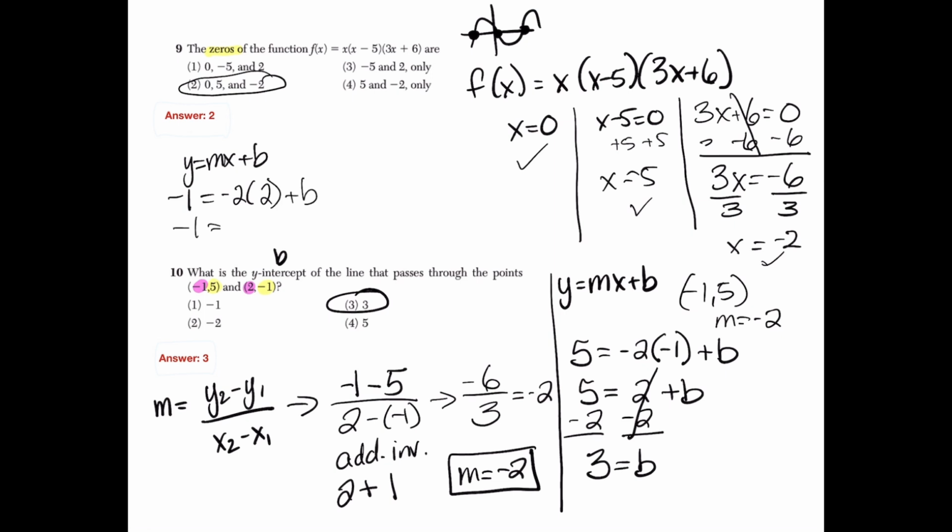So negative 1 is equal to negative 4 plus b. We're going to add 4 to both sides, and we end up getting 3 is equal to b. Same answer. All right, so hit pause and jot this down into your notes. I hope that these strategies and these solutions are making sense to you. And again, if you have questions, just put them into the chat.